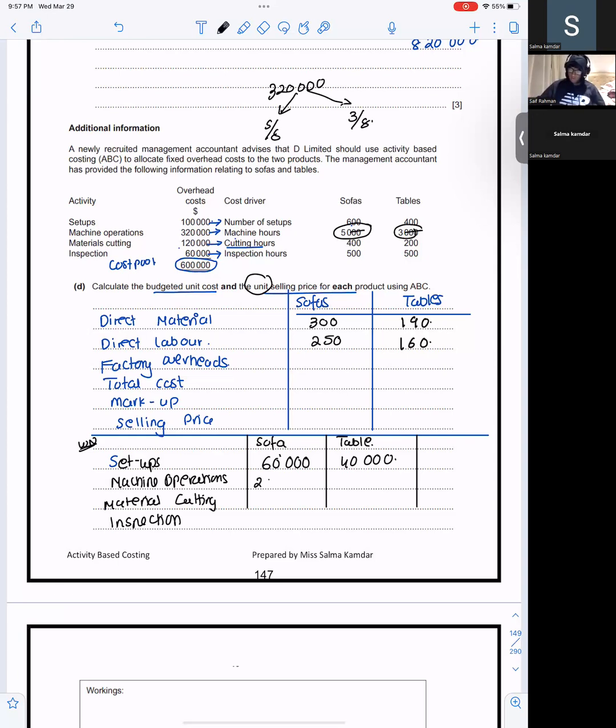So 200,000 for sofa and 120,000 for tables.